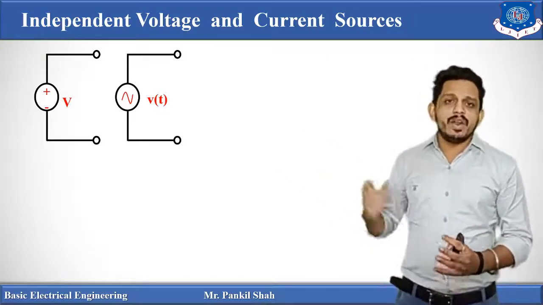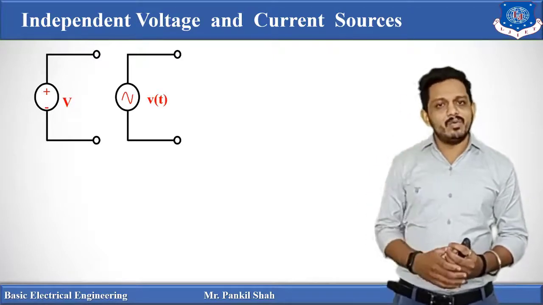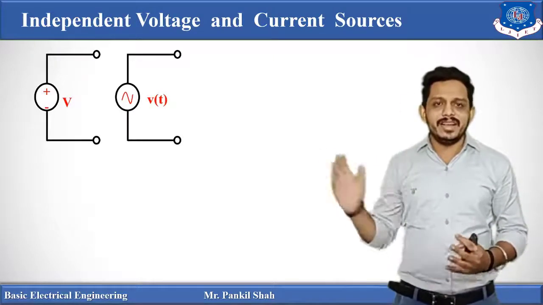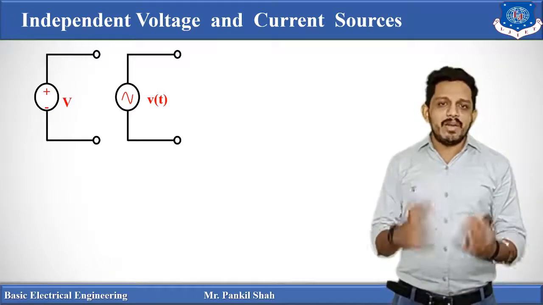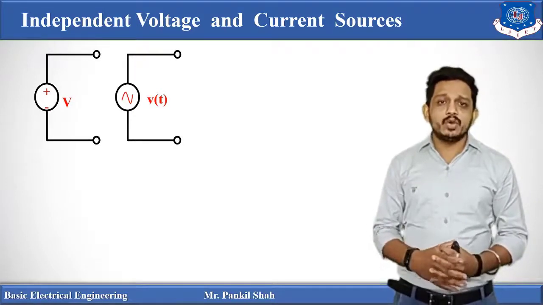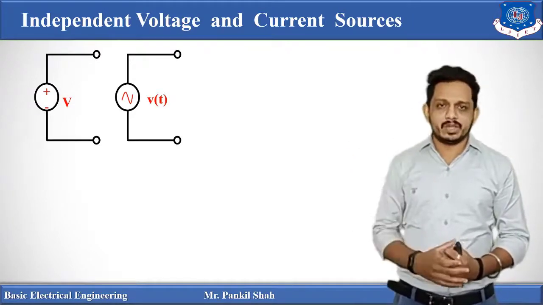So if you are using plus and minus sign inside that round circle, it is known as the voltage source, where V is the value of that voltage source. So that first figure is of the DC independent voltage source.